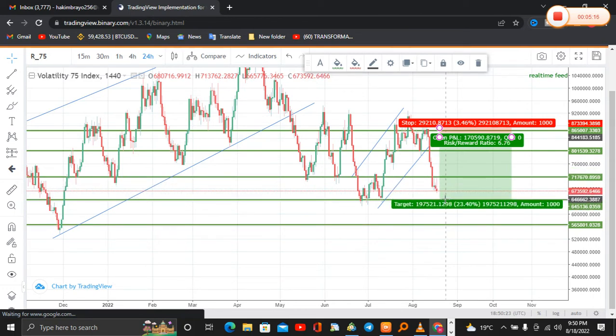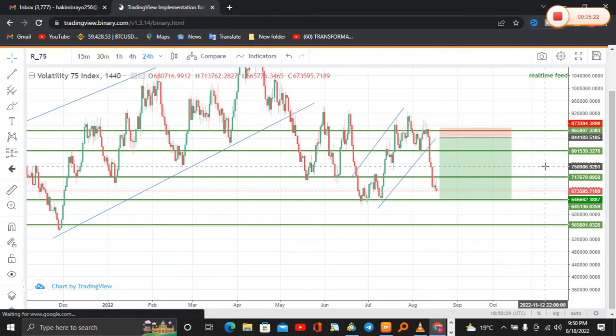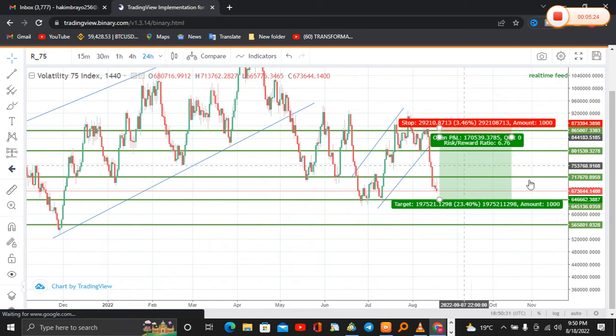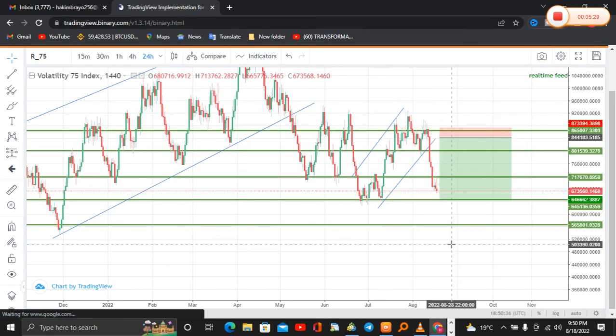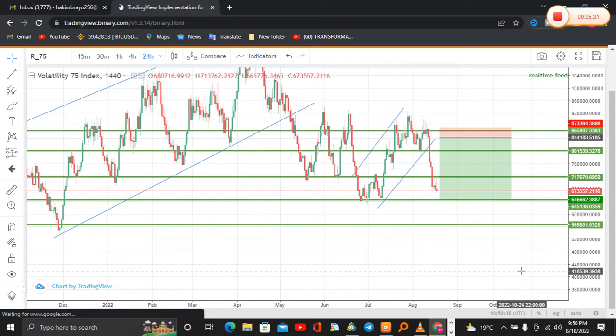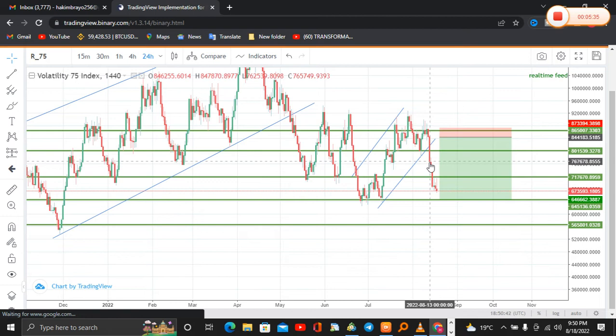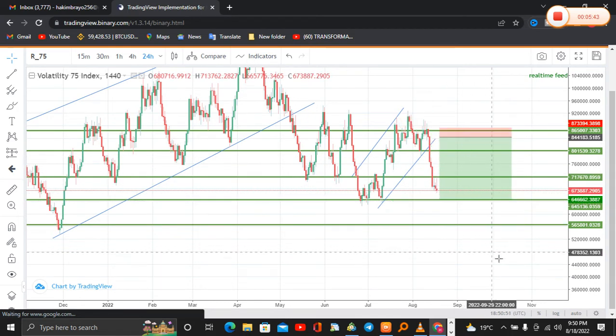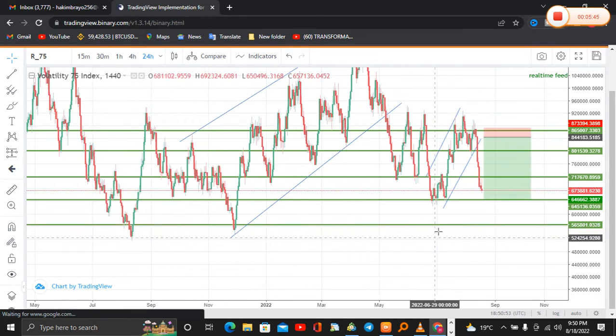We anticipate it to reach this target before we get our reversals. 75 dropping from this level up to here, that's what we call an immediate breakout. The price didn't break out and come back to retest this broken support trend line, then continue dropping to the downside. The price just dropped all at once.